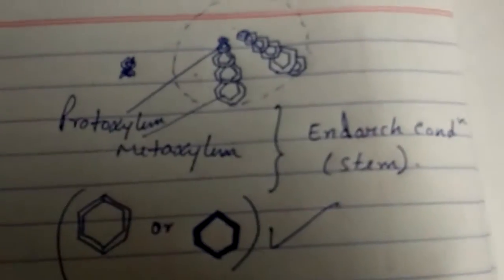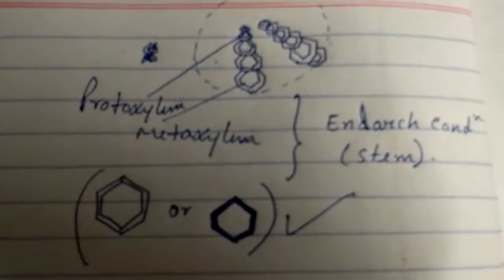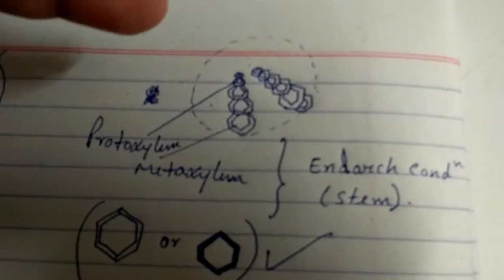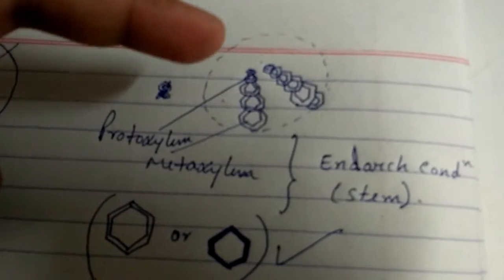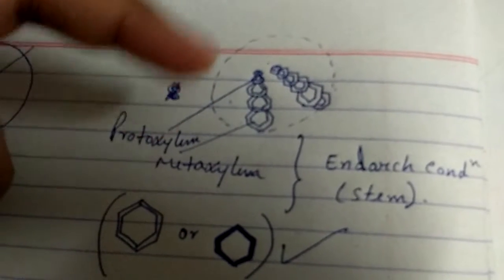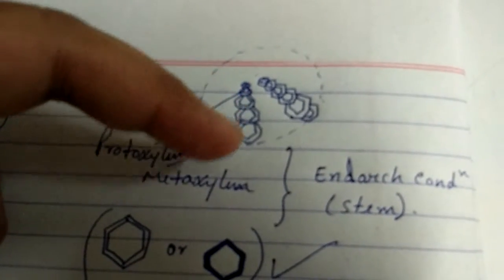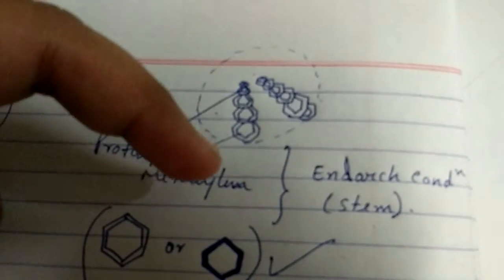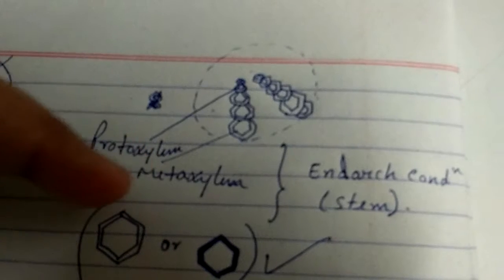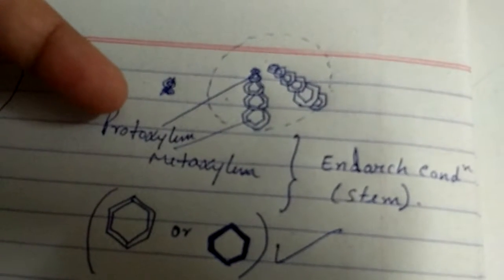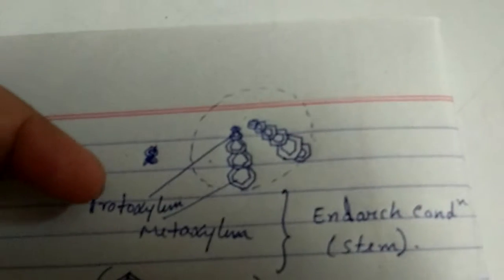So if I zoom the diagram here like this, it is very clear that towards the center protoxylem is present, and protoxylem is very small in size and gradually the size increases towards the periphery representing metaxylem. So towards the center protoxylem is present which is small in size and towards the periphery metaxylem is present.